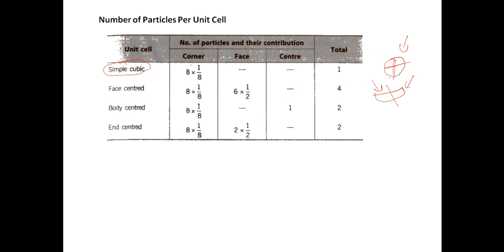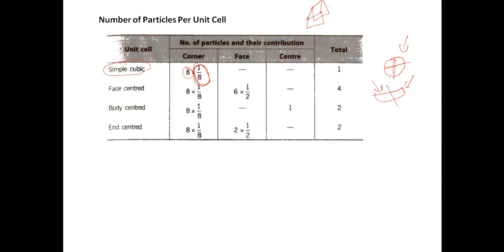So similarly, every atom which is present at the corner always gives 1/8 part to the unit cell. And you already know there are 8 corners in a unit cell.